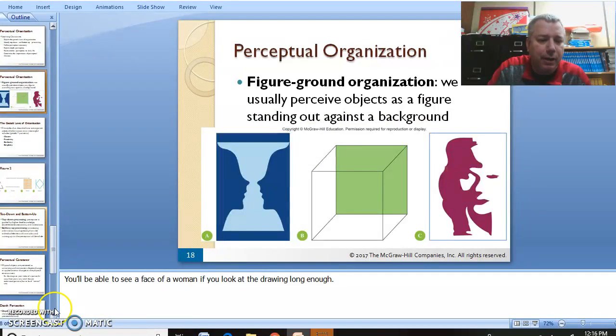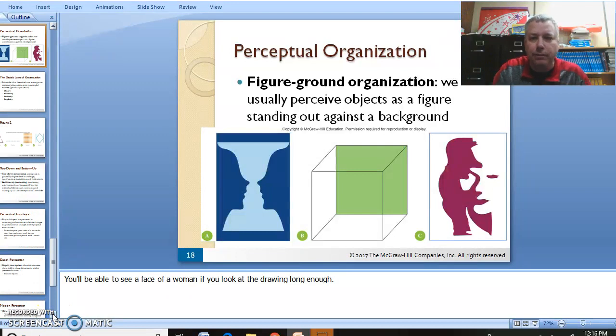Okay, so here we have what's called the figure-ground perceptual rule, from Gestalt. Basically, when certain things stick out, you can see one or two things. You can see a vase in the white part, or you can see two faces staring at one another. When you make one come forward and the other become the background, you will see it whichever way you're seeing it.